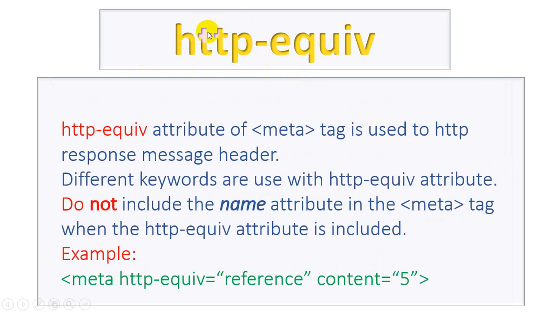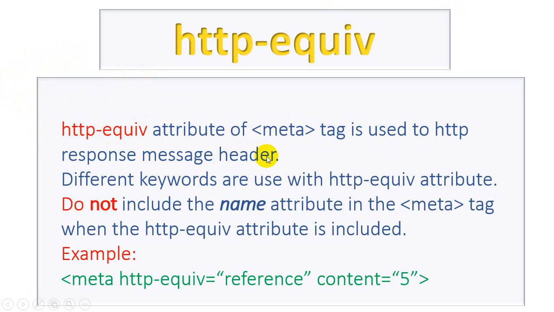Okay, see some feature. I think we have all discussed all these things, but for your exam material, just read it. The HTTP equiv attribute of the meta tag is used for the HTTP response message header. What is meant by response message header?